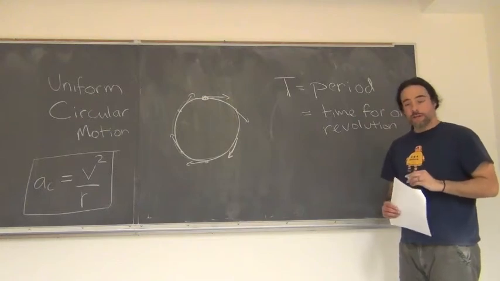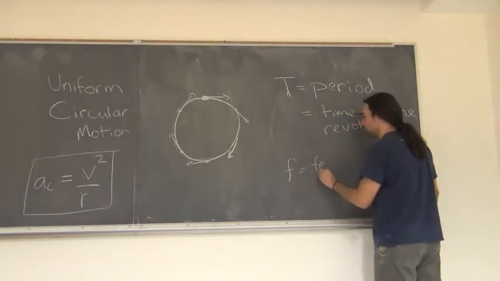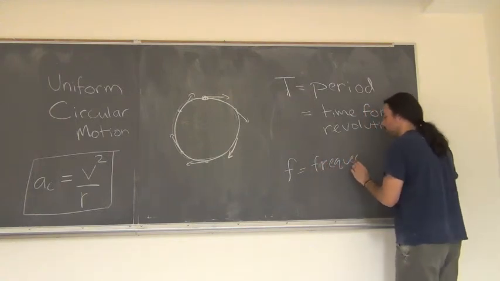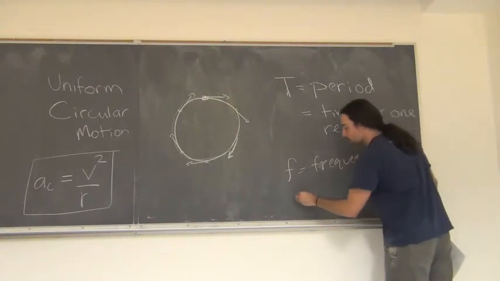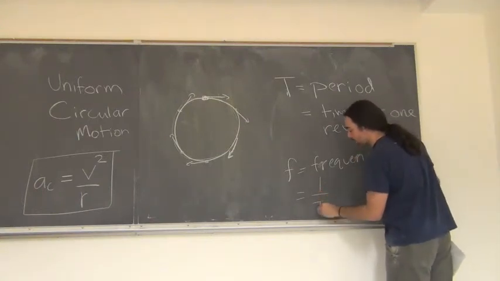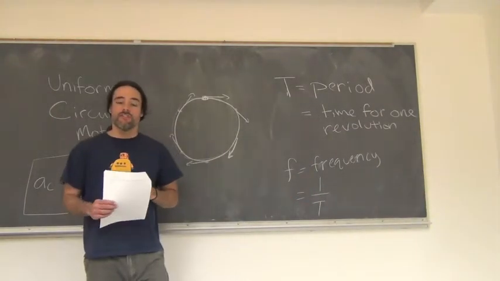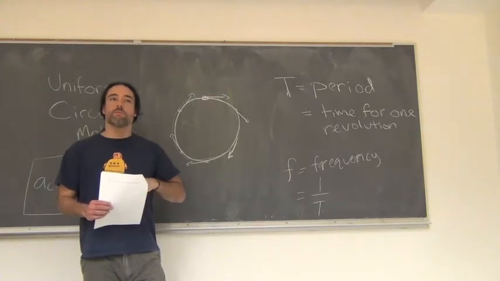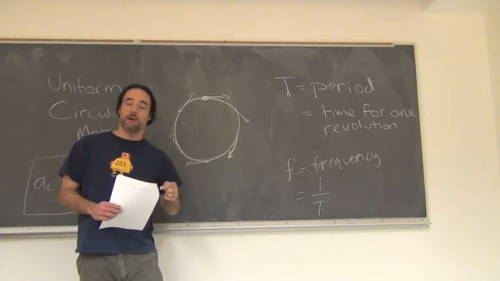There is another quantity called the frequency. Frequency is equal to 1 divided by the period. So we could say it takes 1/10 of a second to go around in a circle.